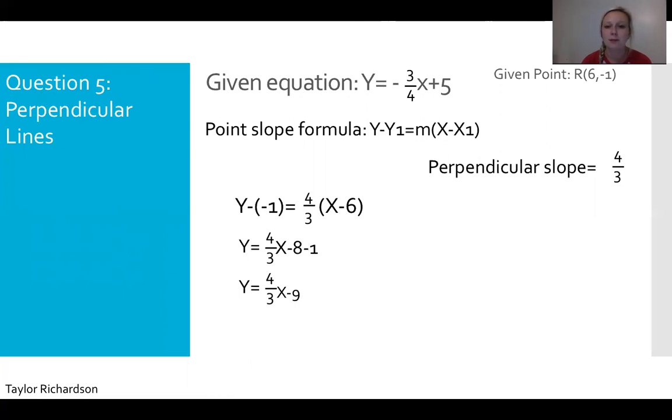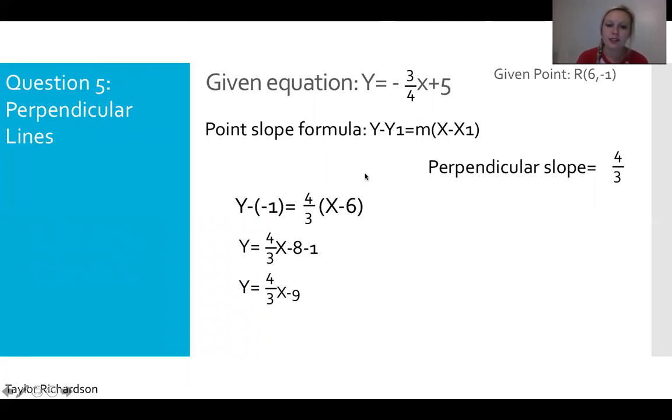So your given slope is negative 3/4, and the opposite of that would be positive 3/4, and the reciprocal is flipping the numerator and the denominator. So the opposite reciprocal of negative 3/4 is positive 4/3, and that is written right here next to the perpendicular slope.